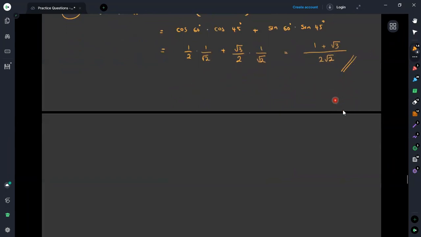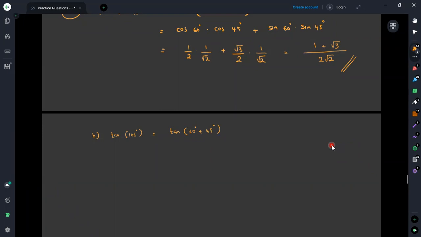Then using the similar concept, we'll have the value for tangent. Here it is given as tangent 105 degrees. Then we can simply say this as the addition of the angles, tangent of 60 degrees plus 45 degrees.